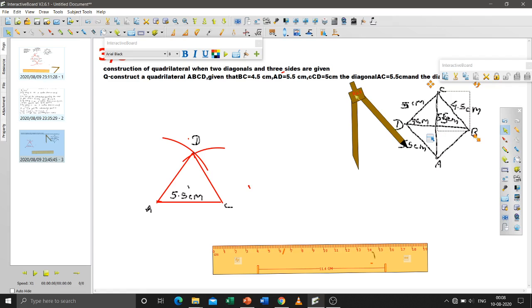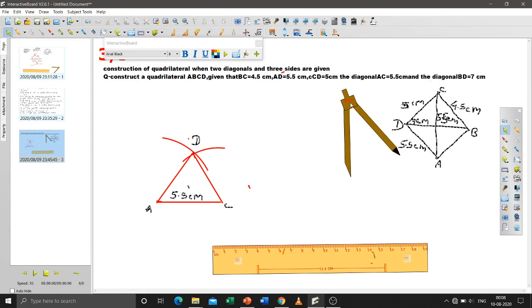So by taking D as a center, we'll draw an arc of 7 centimeter. So adjust the opening of the ruler.